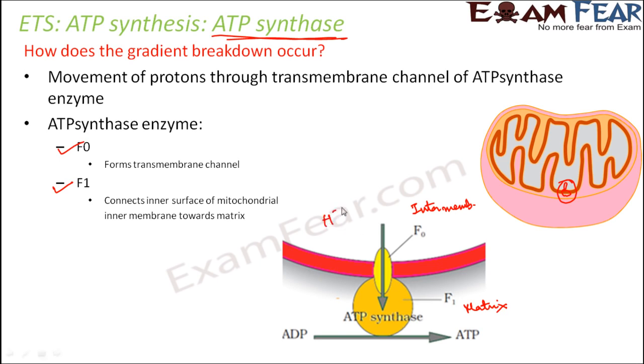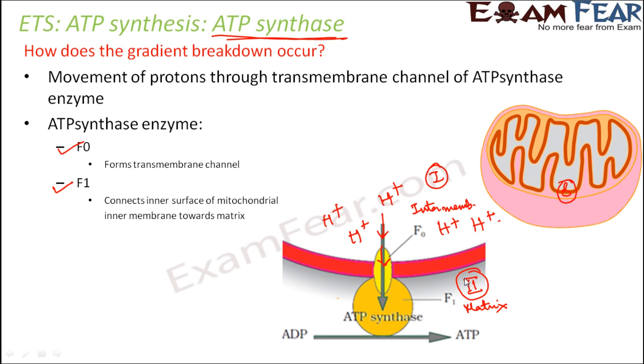Now the concentration of the ions is more on this side. When the proton gradient develops, the ATP synthase enzyme gets activated, and once activated, it allows these H plus ions to flow through it, from this region, region 1, to region 2.